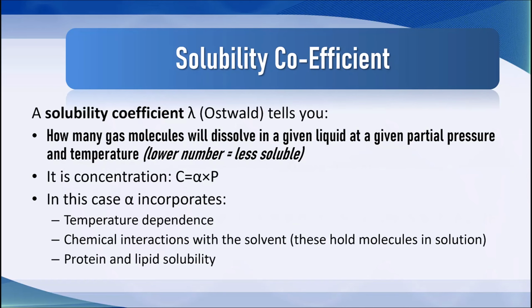A solubility coefficient tells you how many gas molecules will dissolve in a given liquid at a given partial pressure and temperature. The lower the number, the less soluble the gas. Its concentration is alpha times the partial pressure. In this case, alpha incorporates temperature dependence, chemical interactions with the solvent, which hold molecules in solution, and protein and lipid solubility.